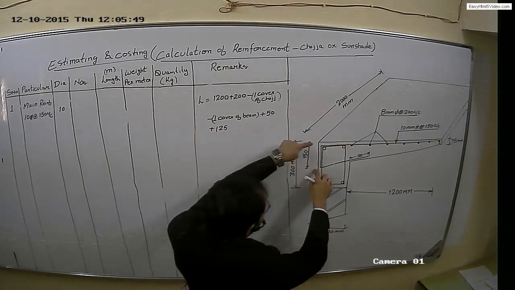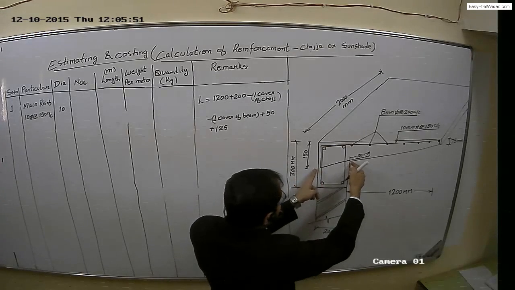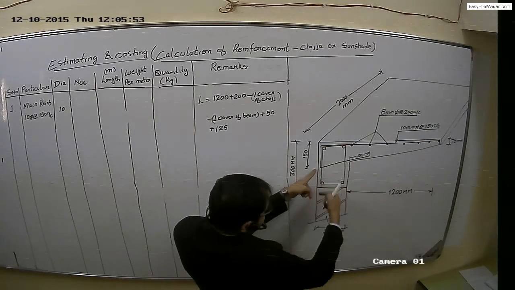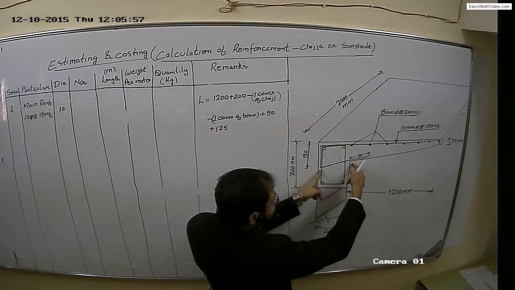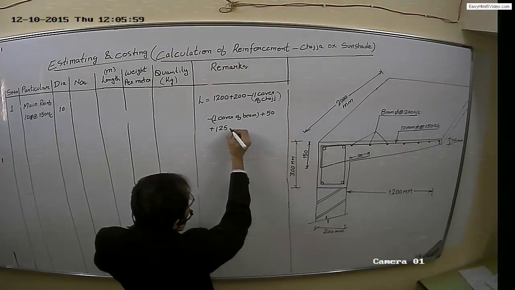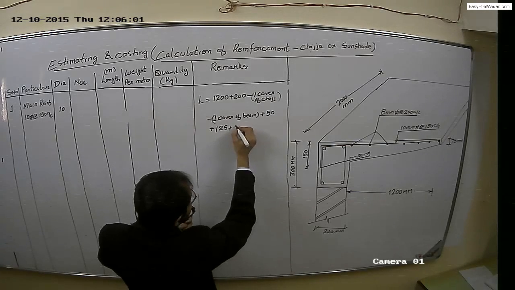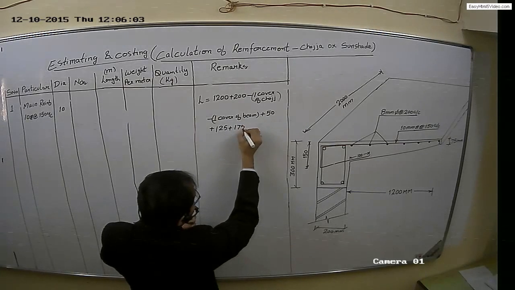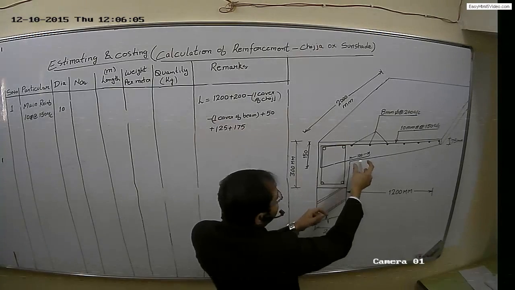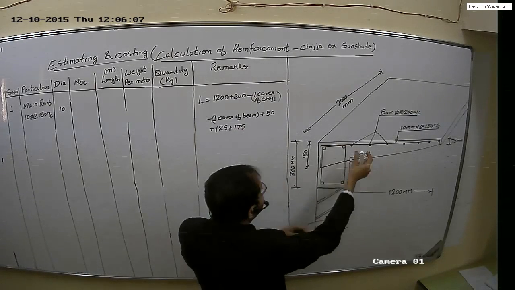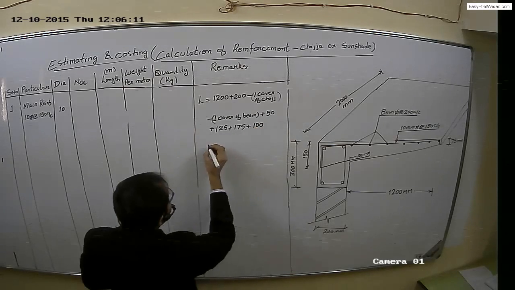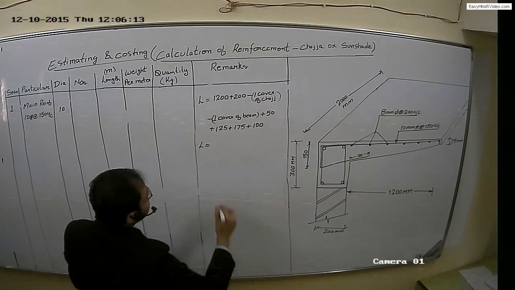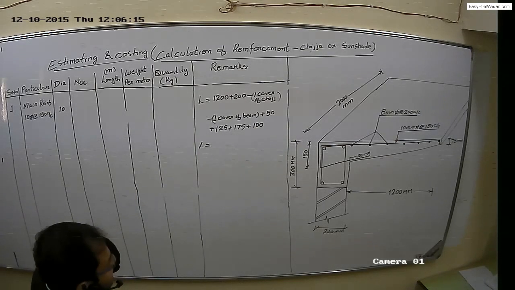Then this particular length, which is 200 minus 25 mm cover, means plus 175, then a hook of 100 mm plus 100 mm. So you will get the length in this fashion.